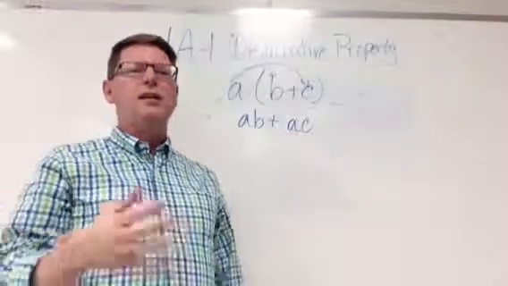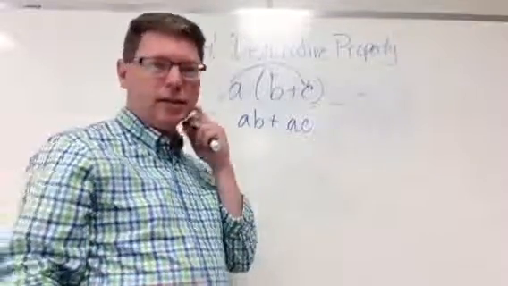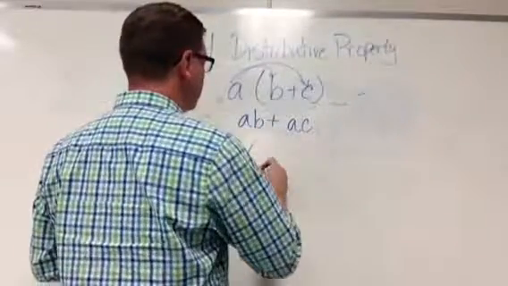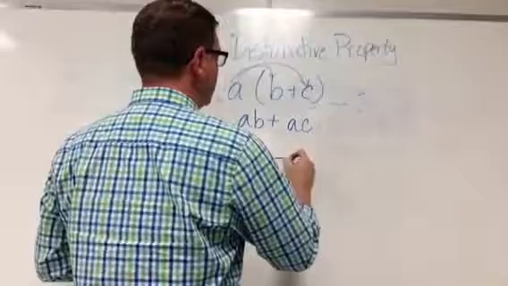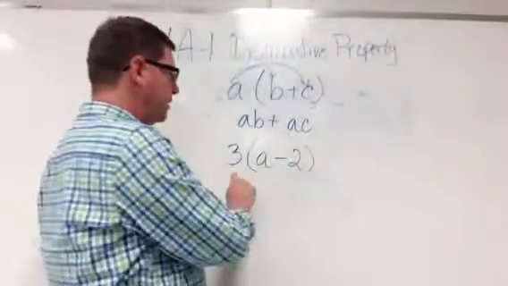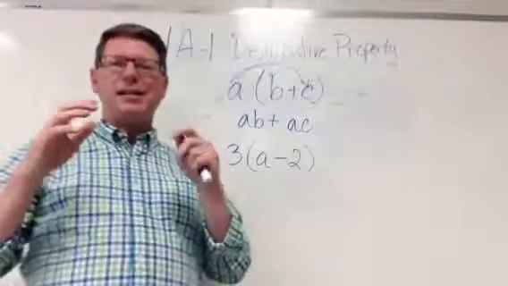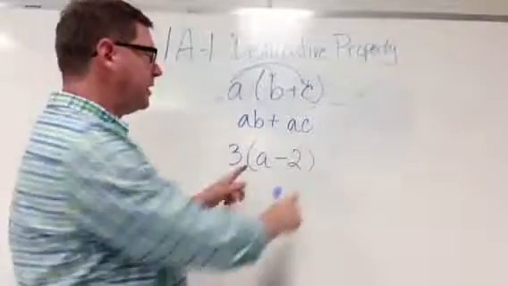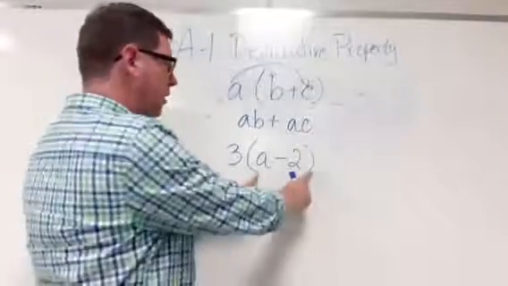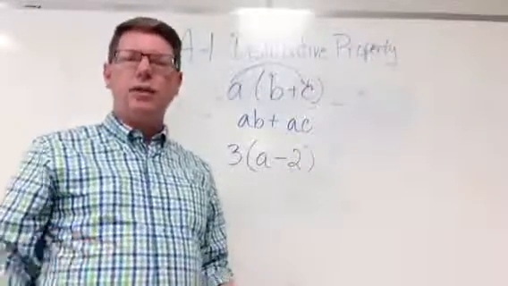Okay? Now let's look at one that has real numbers and letters in it. So we're going to take the problem 3 times the quantity of A minus 2. Okay? 3 times the quantity of A minus 2. And when I say times the quantity of, that means something's in parentheses. Times the quantity of always means it's going to be in parentheses.